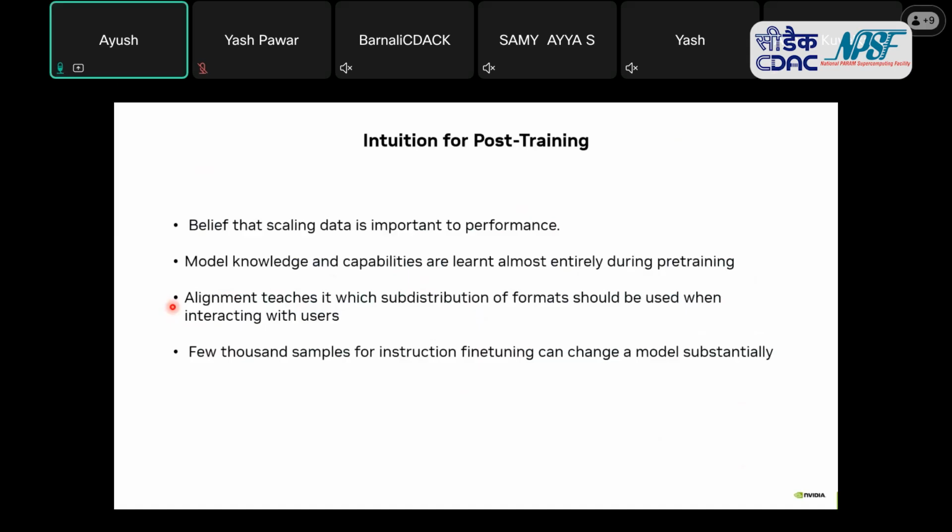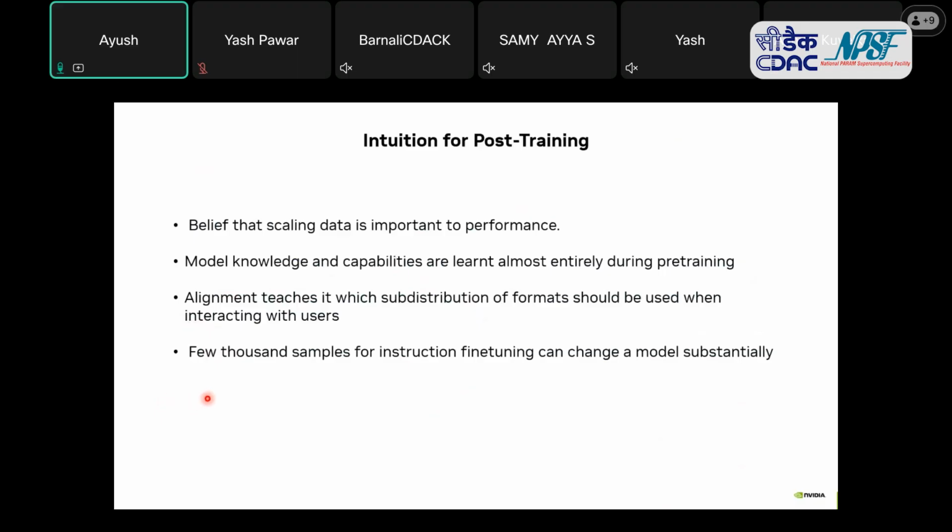You might have seen that, because I've seen that very recently, in the past week. So the idea of post-training is to align with the distribution of different formats of answers that could be possible.